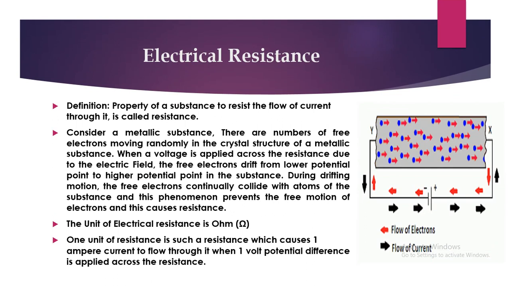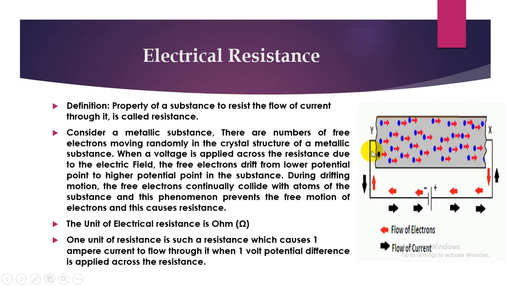It is the property of a substance to resist the flow of current through it, and it is called resistance. We can understand this very clearly by taking one conducting material. Here we are considering a metallic substance. This is a metallic substance.